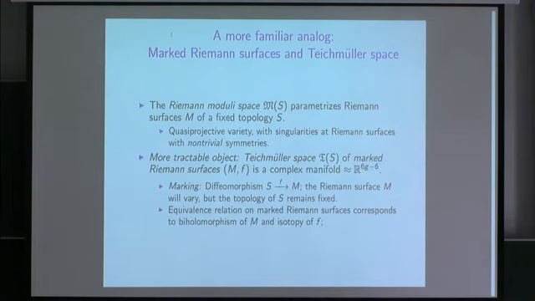This defines a natural equivalence relation, which I won't write down, and the space of marked Riemann surfaces forms a Teichmuller space, which is a nice complex manifold, which is homeomorphic to a cell, and the equivalence relation of changing the marking corresponds to the action of the mapping class group. So the Riemann moduli space is the Teichmuller space modulo the mapping class group.